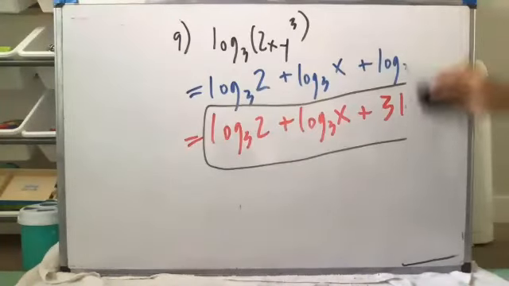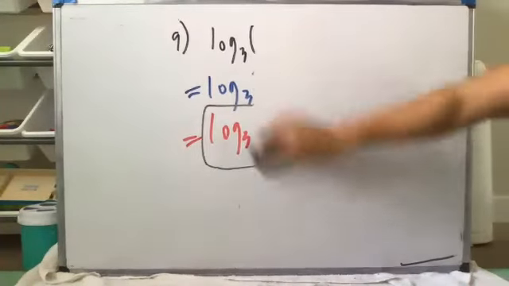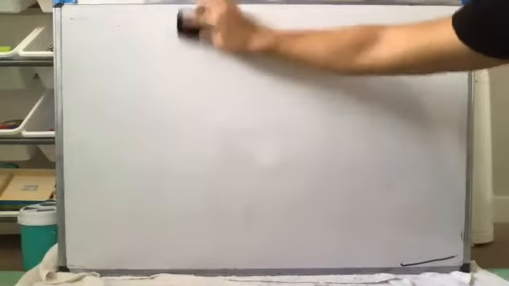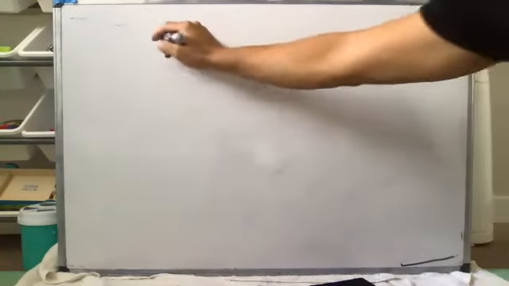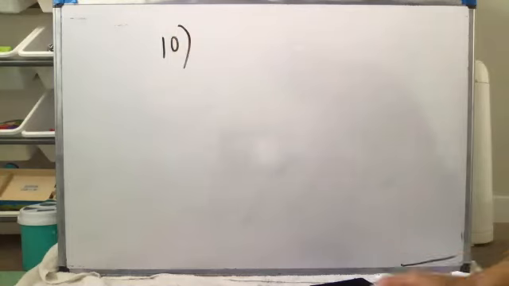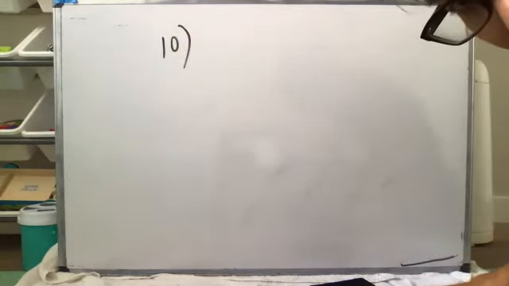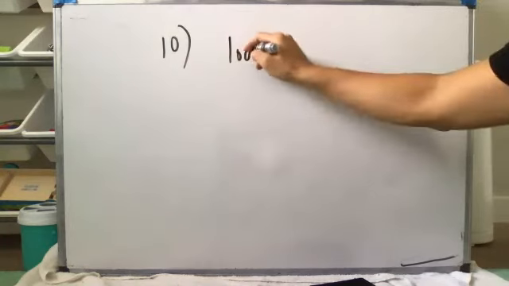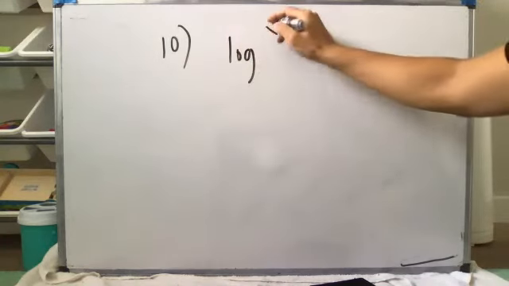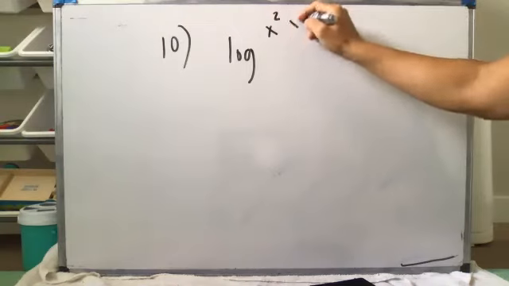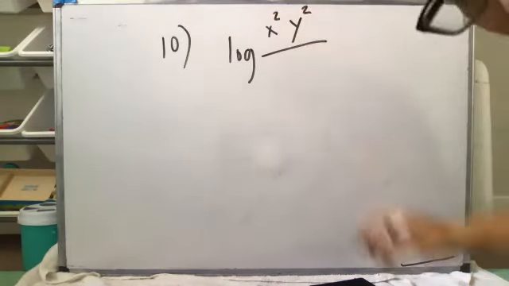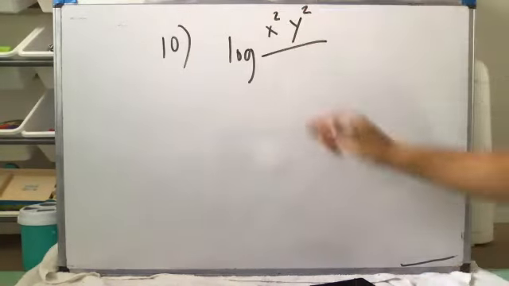Okay, last question. So we want to do the same thing. This time we're starting with log of x squared y squared over the square root of x.